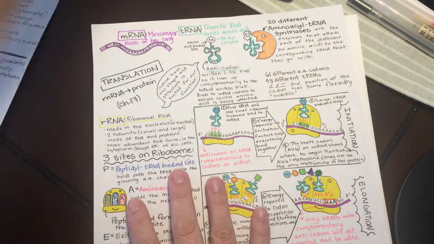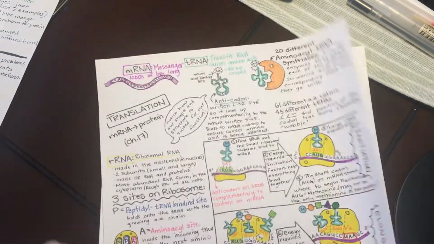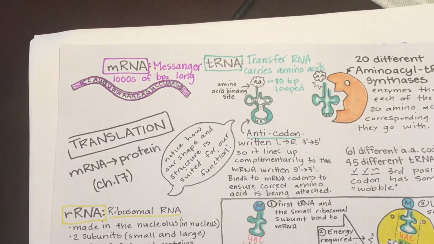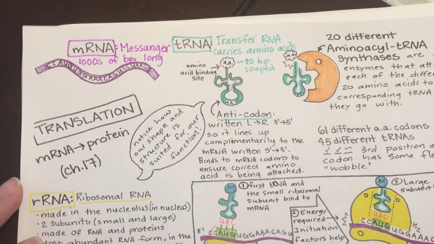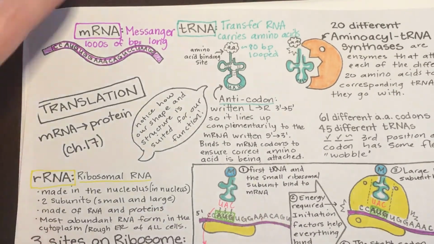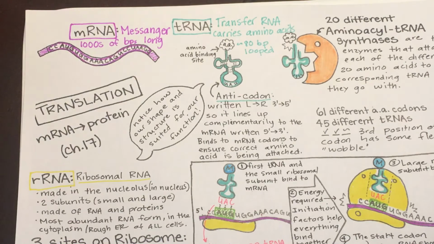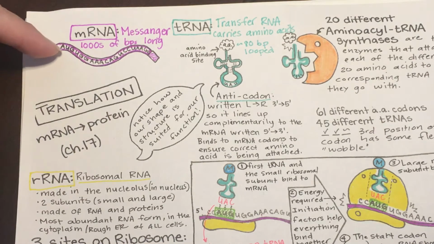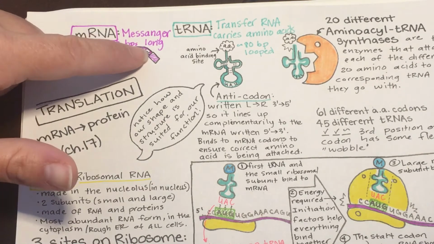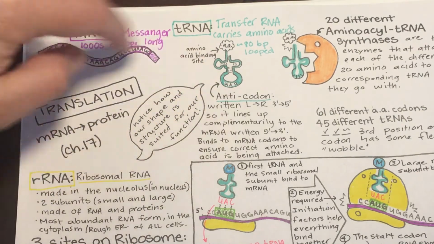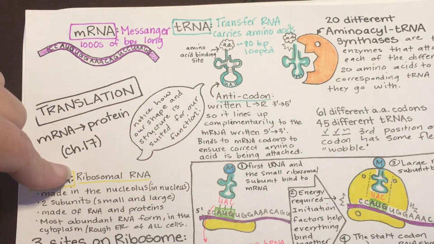So let's work on first an overview of the 3 kinds of RNA that are involved here. There isn't just one kind of RNA. RNA being the nucleotides A, U, G, and C, but in the different forms it takes, it actually has different jobs.